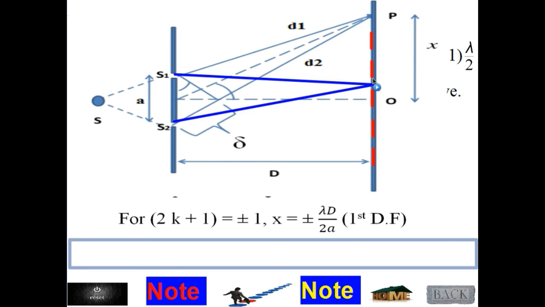If the point is not at the center of a bright fringe or a dark fringe, then it will not satisfy the equation of x for bright fringe and dark fringe. Then it is neither the center of a bright fringe nor the center of a dark fringe.